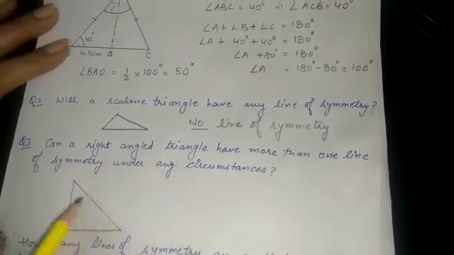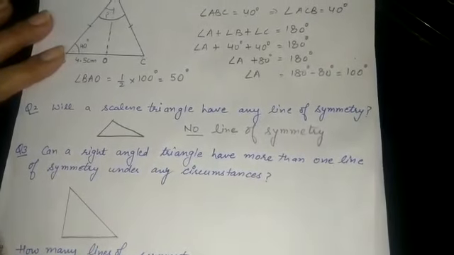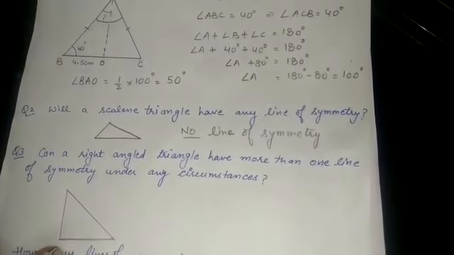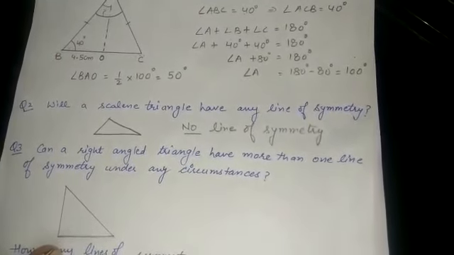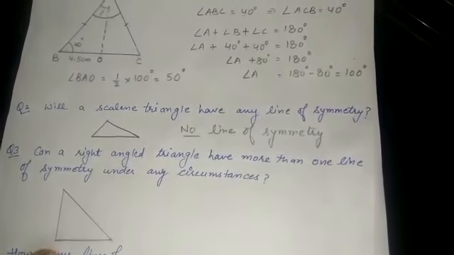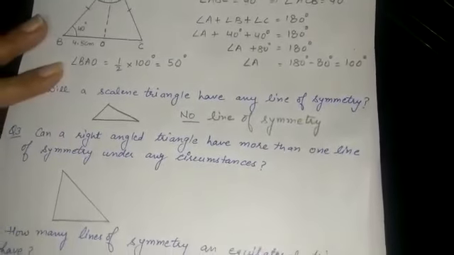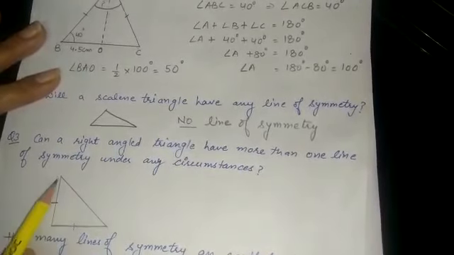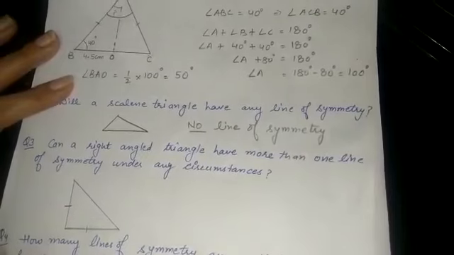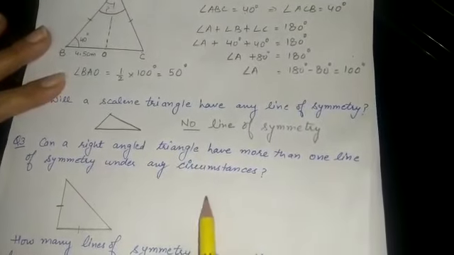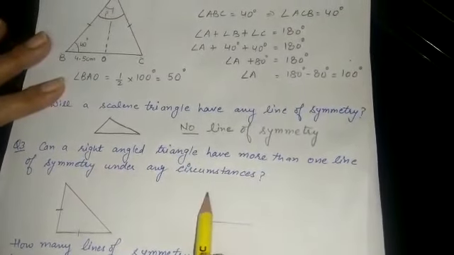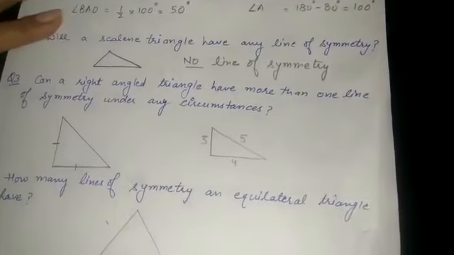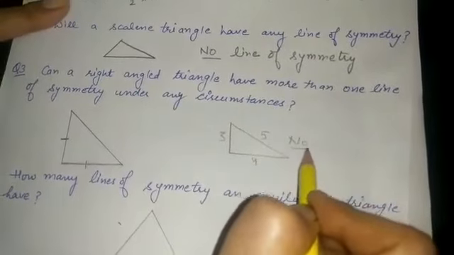Can a right angle triangle have more than one line of symmetry under any circumstances? My dear students, a simple right angle triangle has no line of symmetry. A right angle triangle has one line of symmetry only when it is an isosceles right angle triangle, which means these two sides are equal. If it is a triangle like 3, 4, 5, it is a right angle triangle but not isosceles, so it has no line of symmetry.